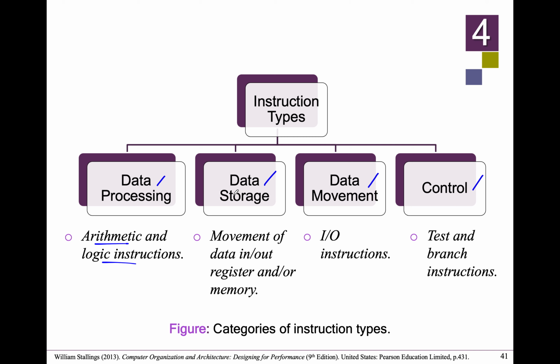Under data storage, you have the movement of the data in or out from your register and also your memory. The third one is data movement, which is your input output instructions, and lastly your control, which is test and branch instructions. So the categories of instruction types are four altogether.